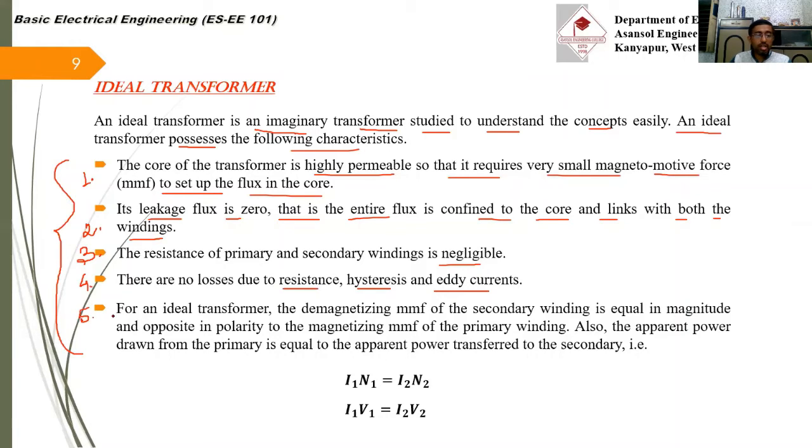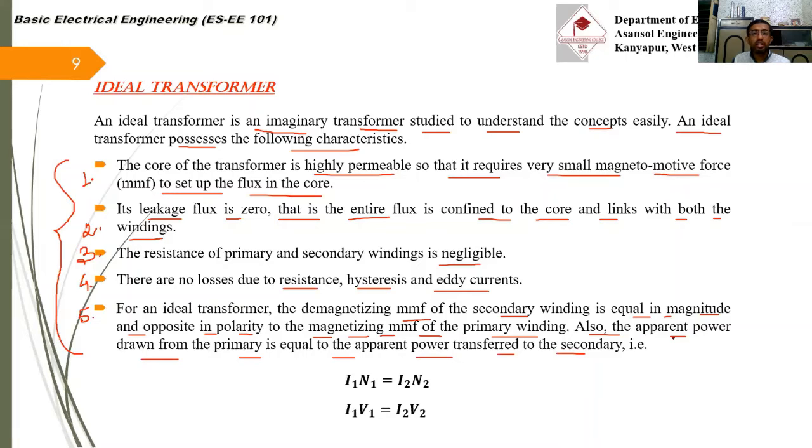The fifth assumption is for an ideal transformer, the demagnetizing MMF of the secondary winding is equal in magnitude and opposite in polarity to the magnetizing MMF of the primary winding. Also, the apparent power drawn from the primary is equal to the apparent power transferred to the secondary. But in a practical case, this doesn't happen. Whatever power is fed in the primary, that power we never receive from the secondary.